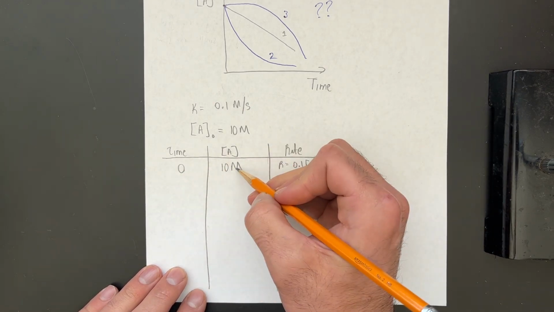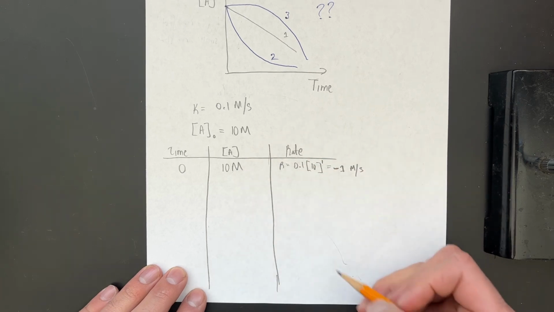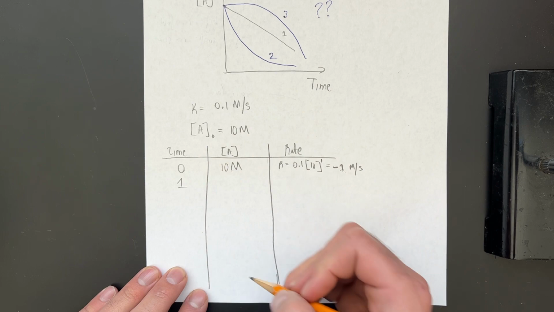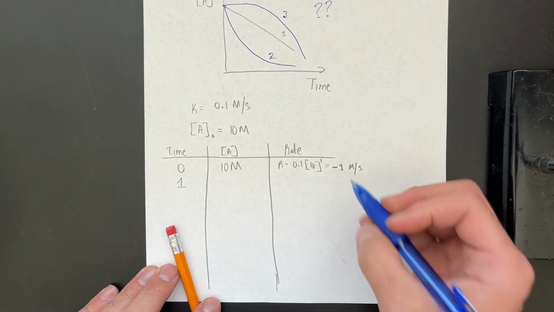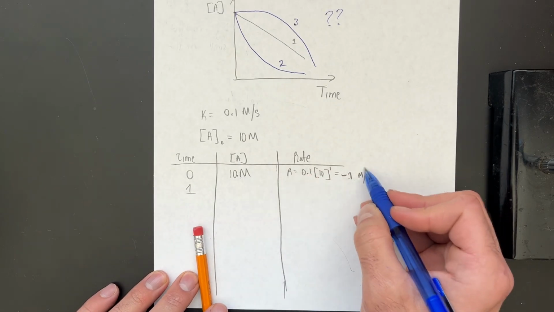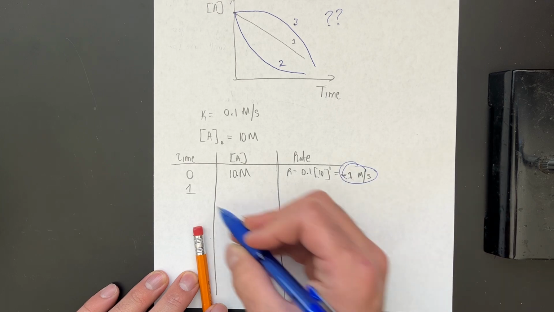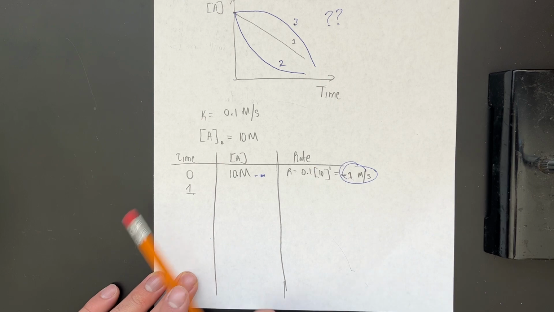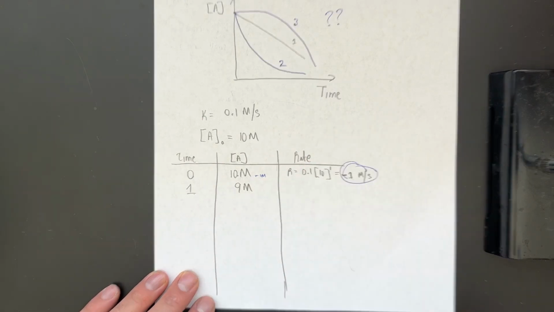We're at time 0, and the concentration of A is 10 molarity, and the rate at which it's decreasing is 1 molarity per second. Now do note, for time 1, if this is decreasing at a rate of 1 molarity per second, what's going to happen after 1 second? Well, we're going to have lost 1 molarity, and so after 1 second, we're going to be at 9 molarity.